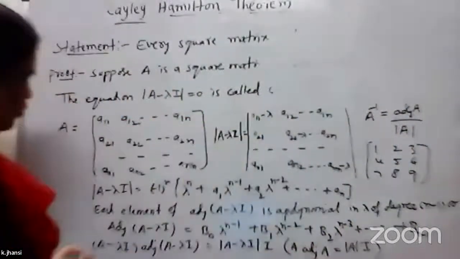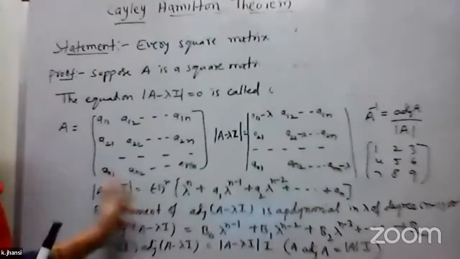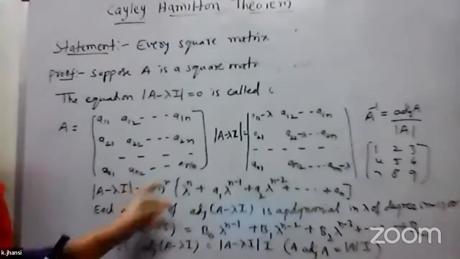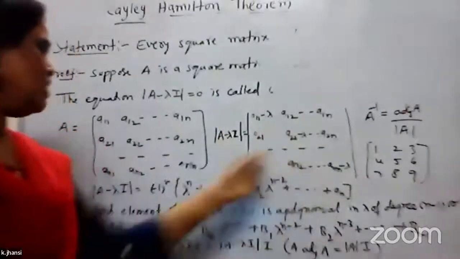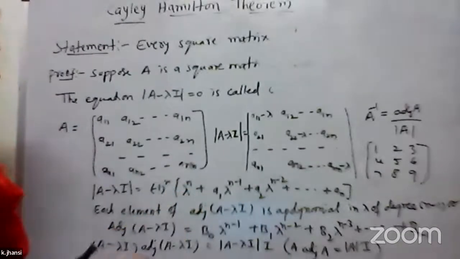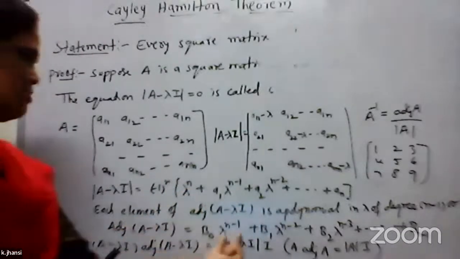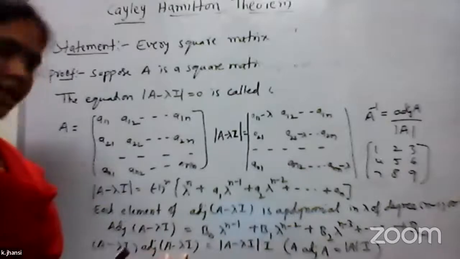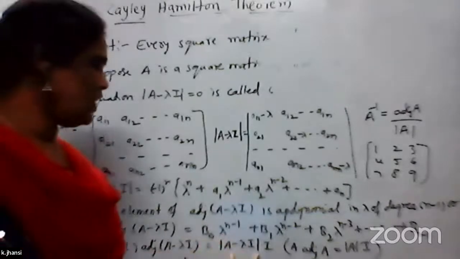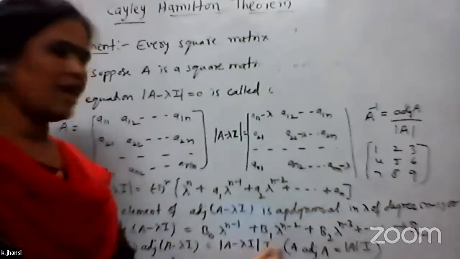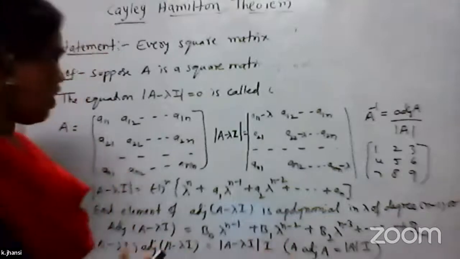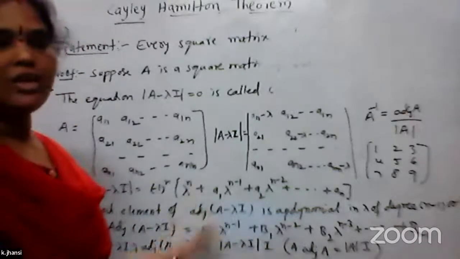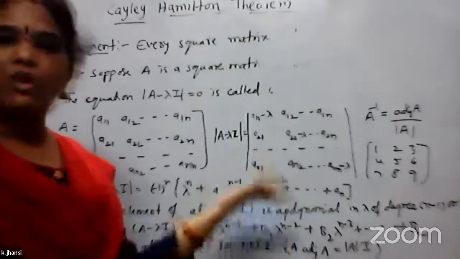Now here we know what A minus lambda I is. The determinant of A minus lambda I means whatever polynomial you have, you write the same, and adjoint of A minus lambda I means this one. When you multiply these two and equate with determinant of A minus lambda I into I, all the terms will cancel and it will be equal to 0.